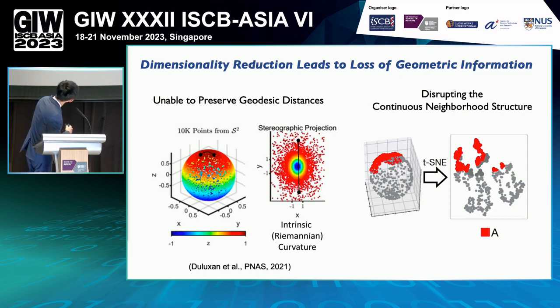The geodesic distance between these 2 points is this curve, relatively close. When we project the sphere onto a 2-dimensional plane, the geodesic distance is distorted. These 2 points are pulled apart.